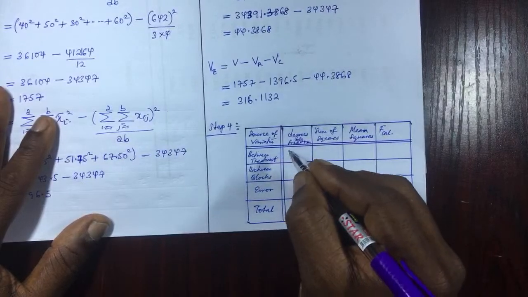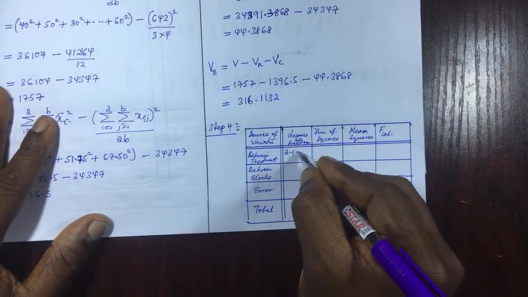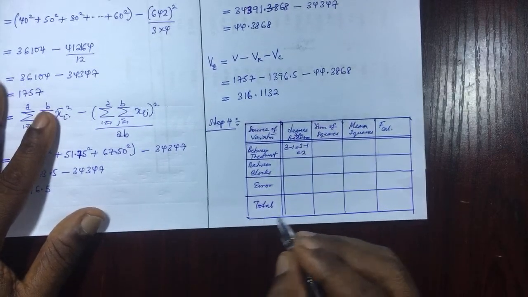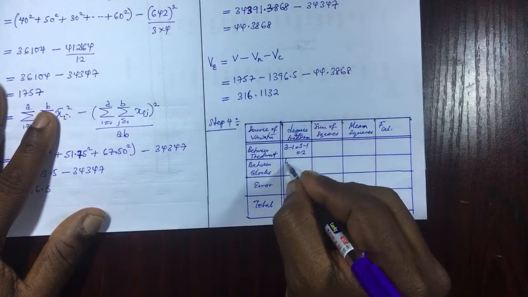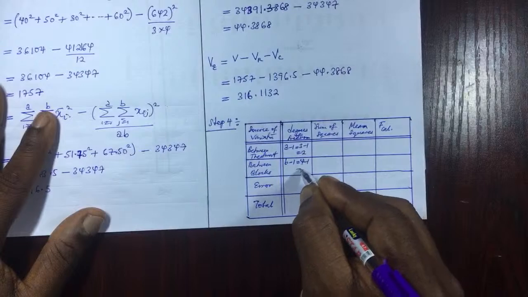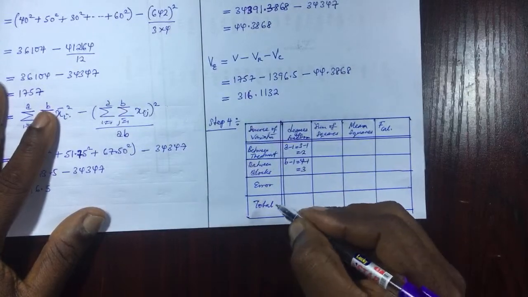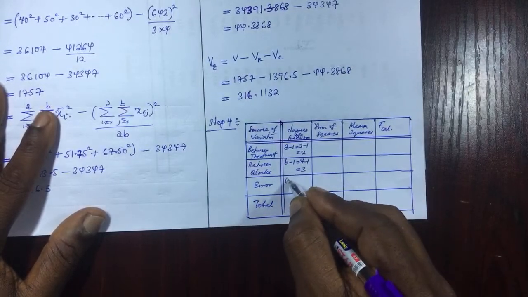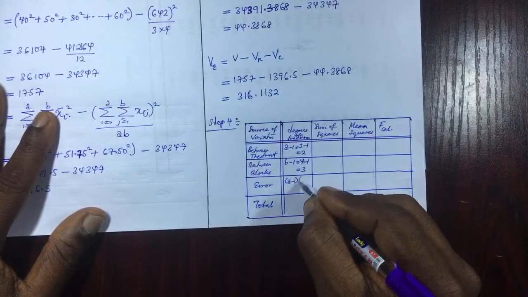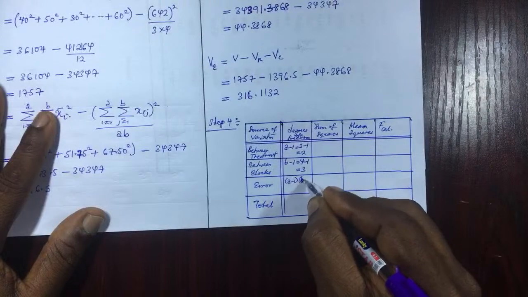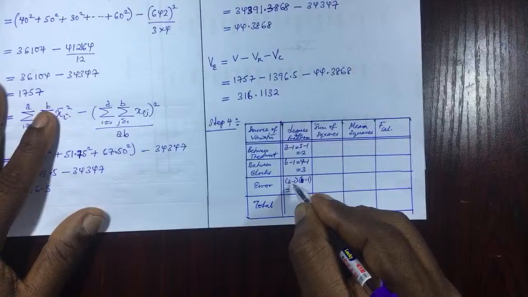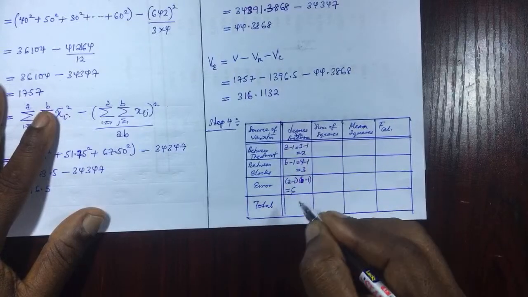Now the degrees of freedom for treatment will be A minus 1, which is 3 minus 1, giving you 2. The degrees of freedom for blocks, the number of blocks is B minus 1; there are 4 blocks in this problem, 4 minus 1 will give you 3. Now for error, you have the degree of freedom for treatment times the degree of freedom for blocks, which is A minus 1 times B minus 1, that will give you 2 times 3, which is 6.